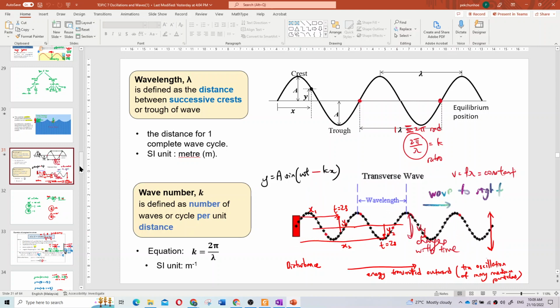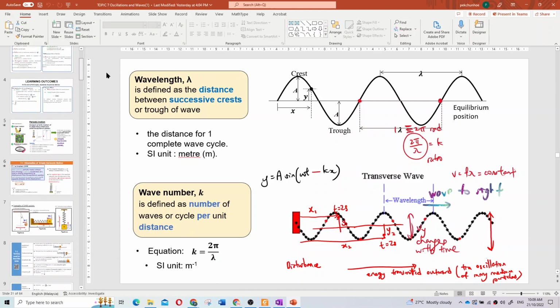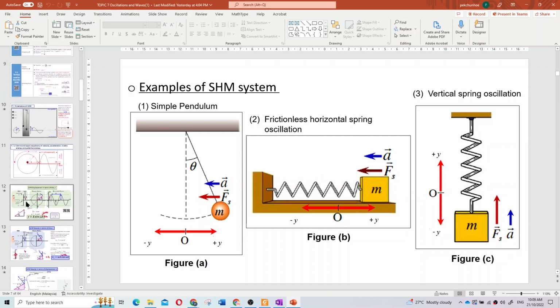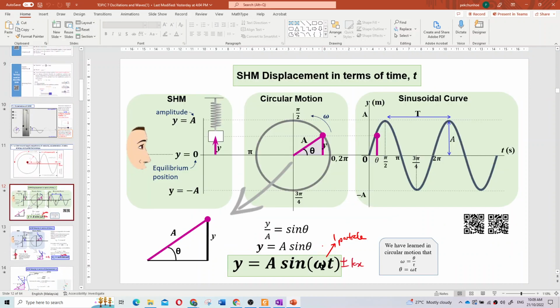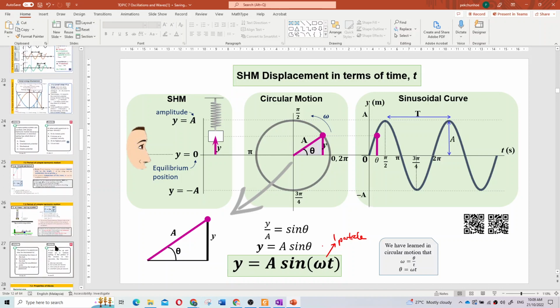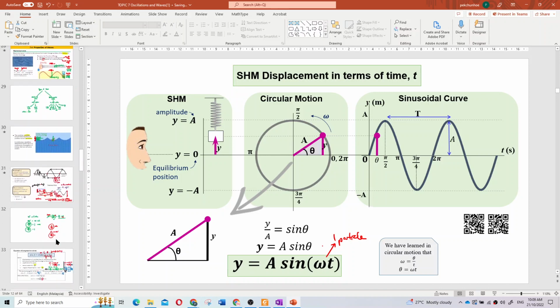Okay, so it's simpler. For simple pendulum is simpler, just one particle, and the equation is just plus minus omega t. For one particle, we don't have plus minus kx. Okay, so for one particle, very simple. Kalau many particles, then only becomes where is the equation?